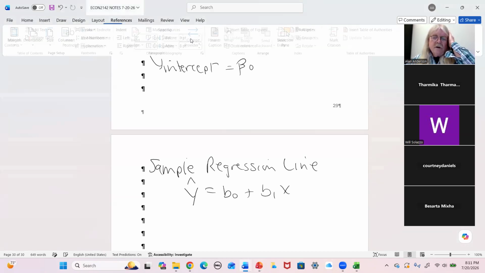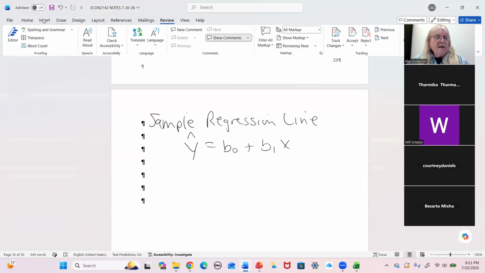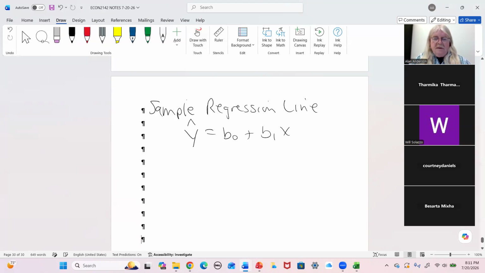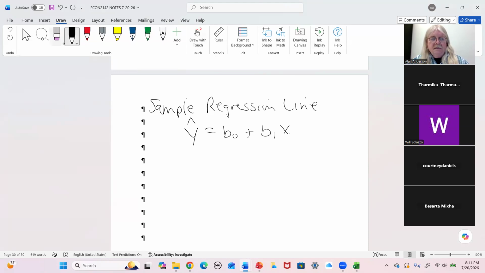So the way this works is, that pointy thing, sample value of y.